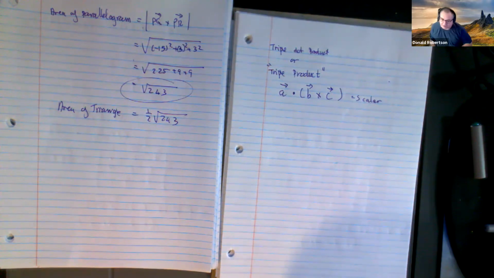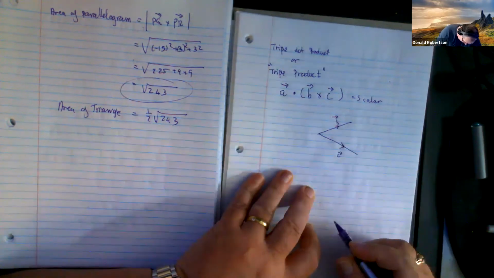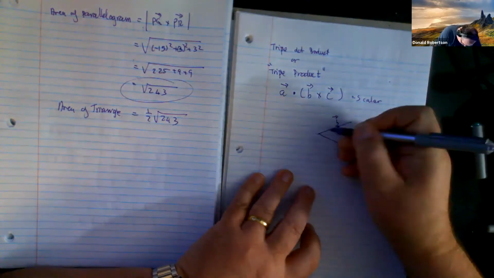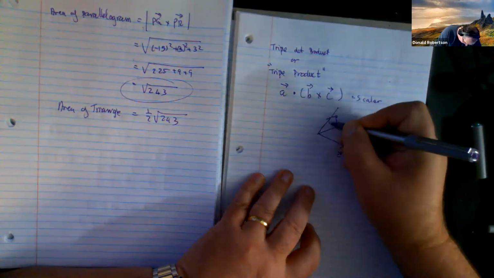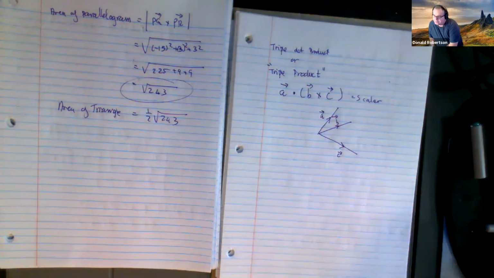And it's really quite cool. I want you to imagine that I have B and C being those two. And let's say A is a vector going something like that. So can you imagine that's my three vectors, A, B, C, right?